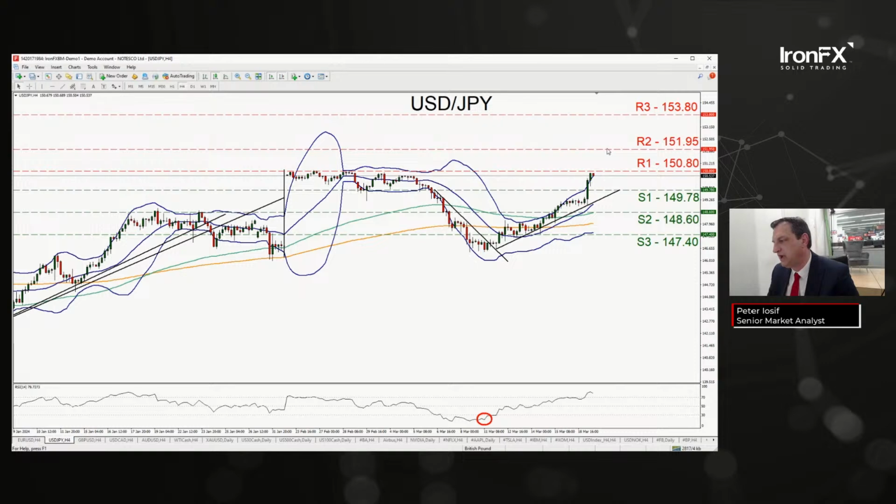For the time being, I would expect the price action to the downside, though, to remain inactive. For the time being, we tend to maintain our bullish outlook, but note two elements. A, you have the RSI indicator, which has been in an upward movement, but has surpassed the reading of 70.